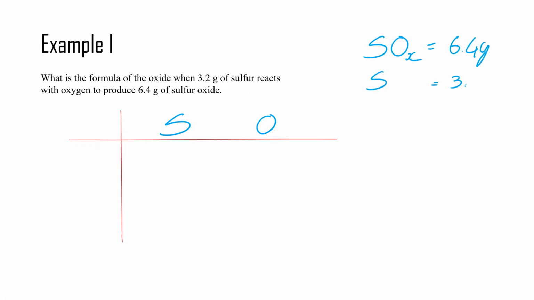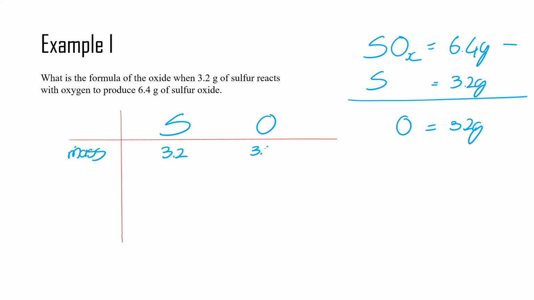Sulfur equals 3.2 grams. Therefore, oxygen equals 3.2 grams as well. We subtract from each other. So we write the mass, which is 3.2 and 3.2. The RAM of sulfur is 32 and of oxygen is 16.